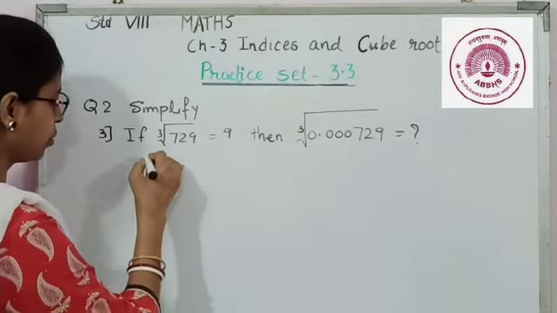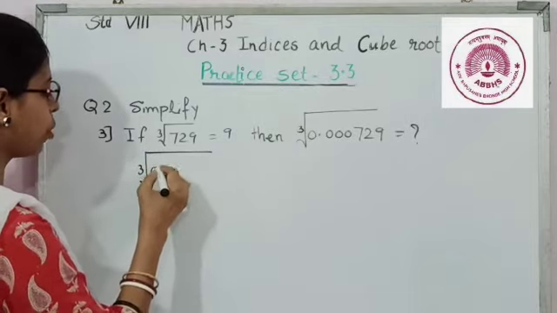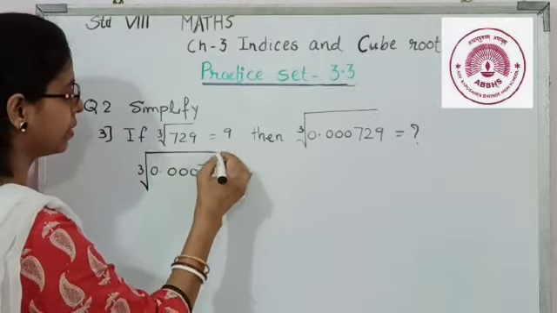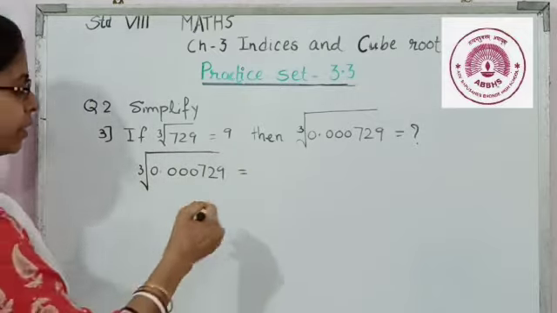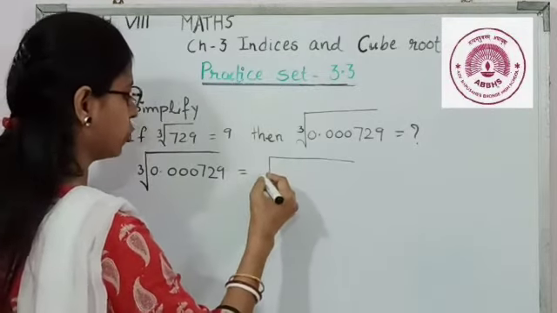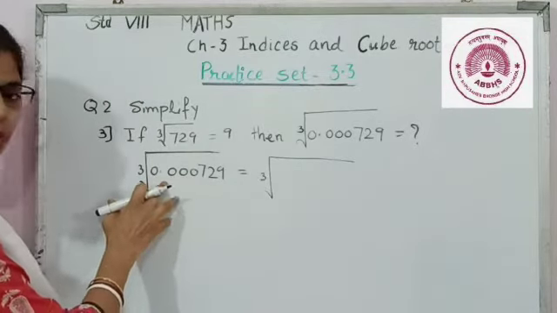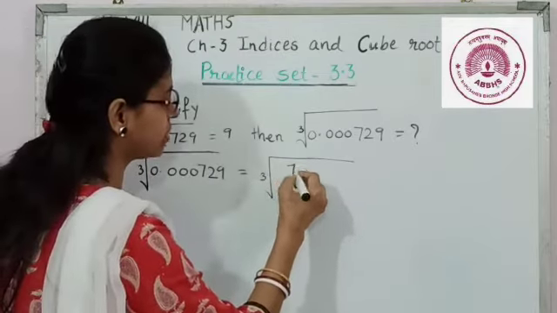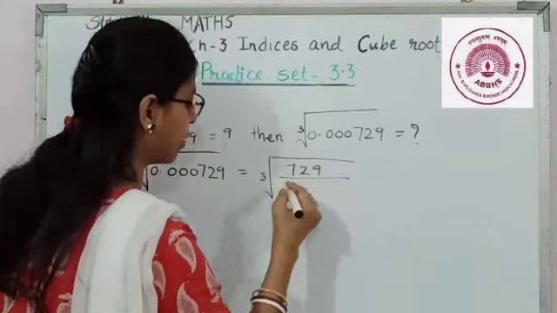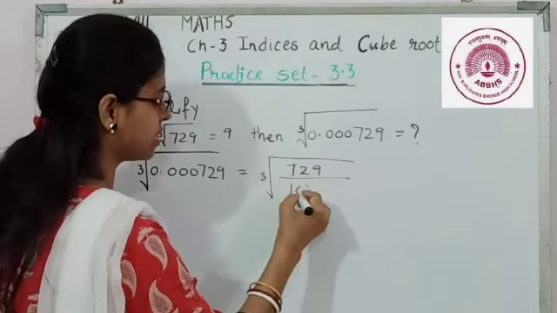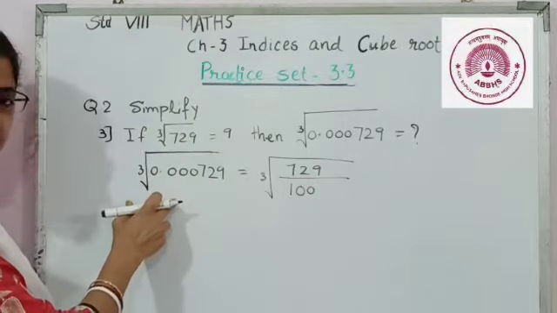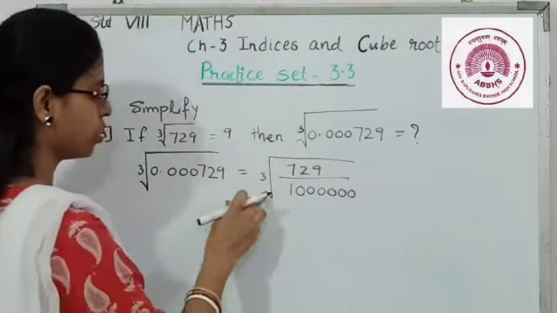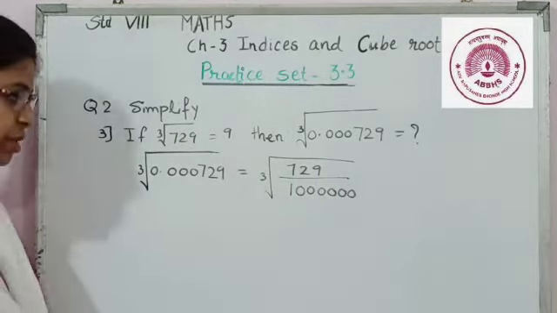Cube root of 0.000729: we can write this as cube root of, see there is a decimal point after 6 places. So we can remove this decimal point and write it as 729 divided by 1 followed by 6 zeros, because the decimal point is after 6 places. So here we can write 6 zeros like this.